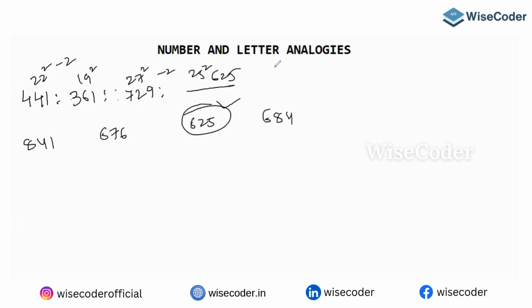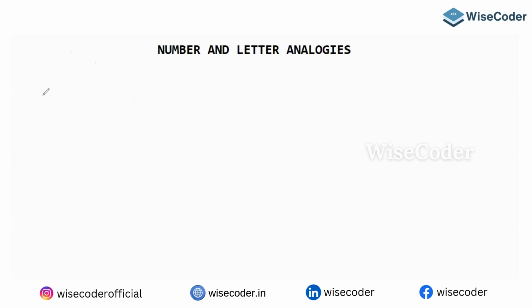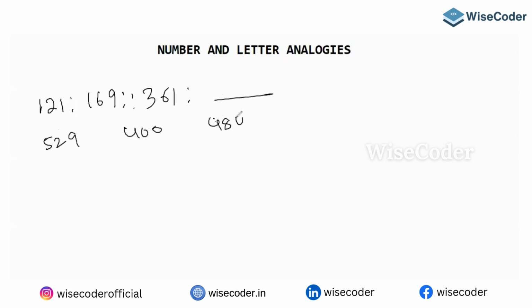Next question. What is the next question? 121, 169, 361, dash. Your options are 529, 400, 484, 576, 256.